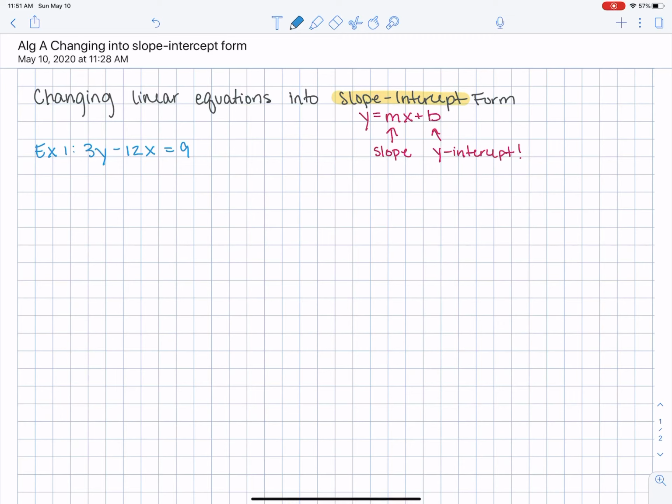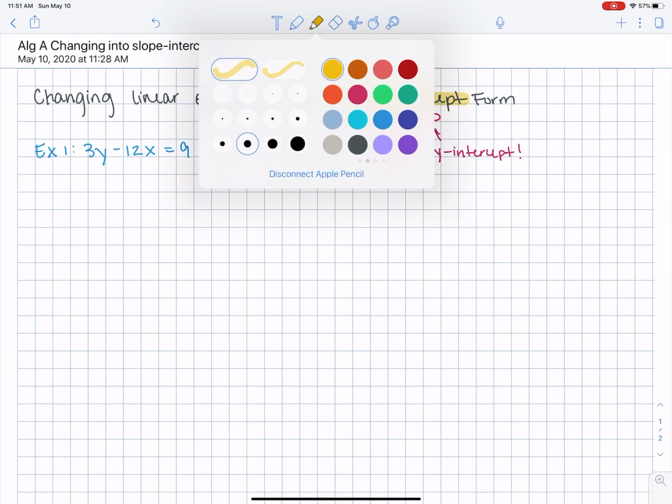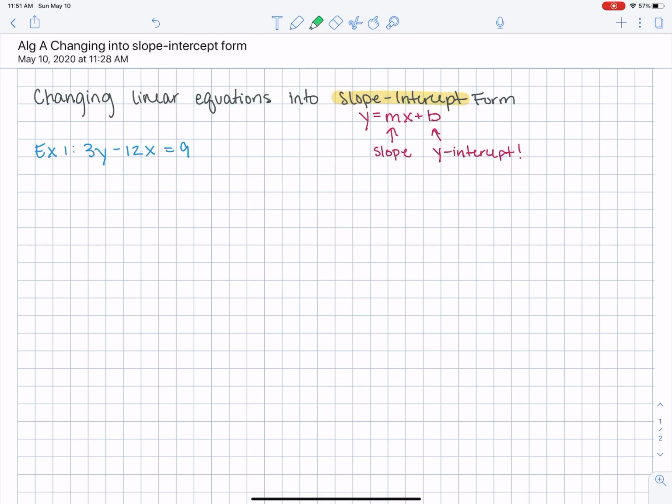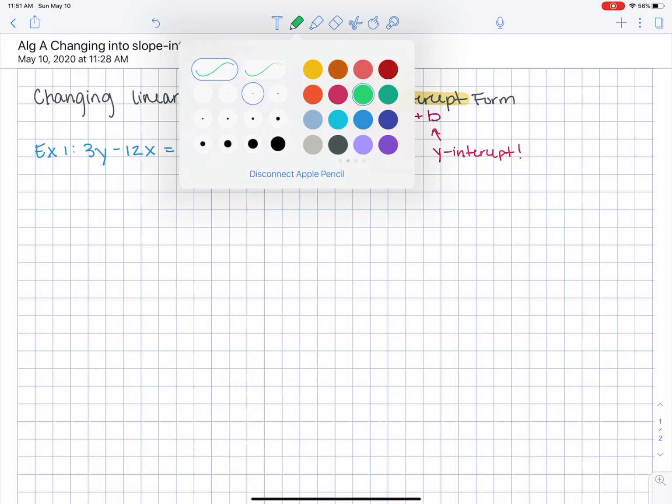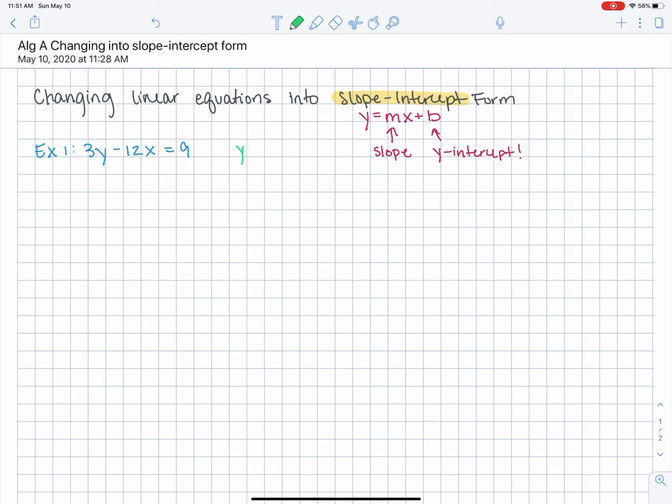This is a linear equation because it has a y and an x and no exponents. We just know that it's not in slope-intercept form. It does not look like y equals mx plus b. However, this is our goal to get to.